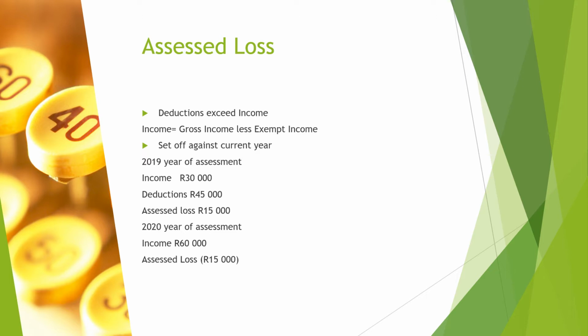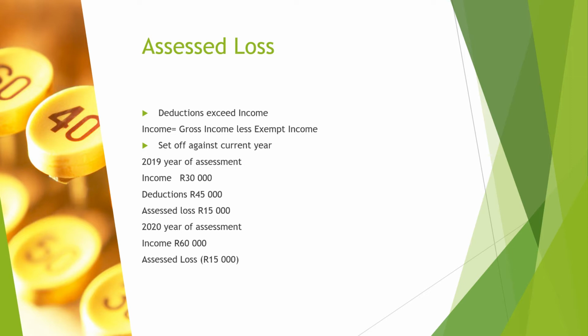So if it happens that you have deductions that are more than your income, you are allowed to carry forward the loss that you incurred in the current year to the following year of assessment. I have a simple example on the screen where in 2019 I have an income of 30,000, deductions of 45,000, meaning that I have a loss of 15,000.